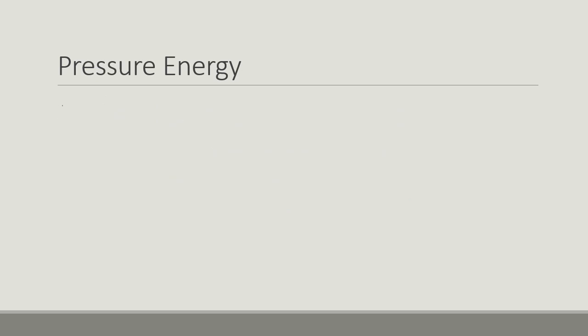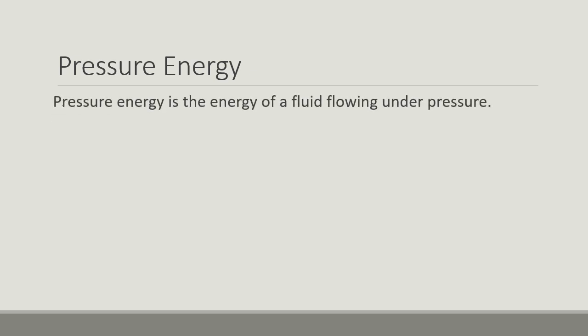Pressure energy. This is the energy of a fluid flowing under pressure. When a fluid flows in a continuous stream under pressure, we know that it can do work, right?